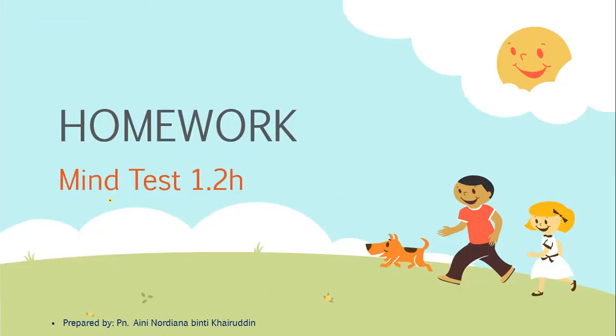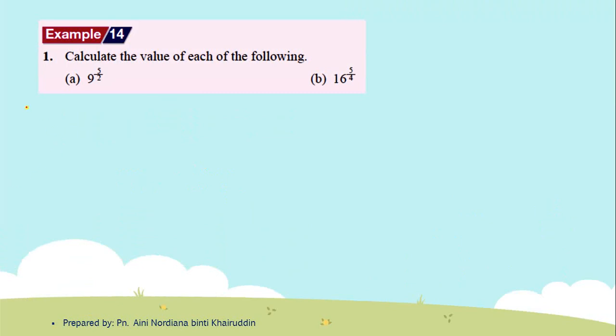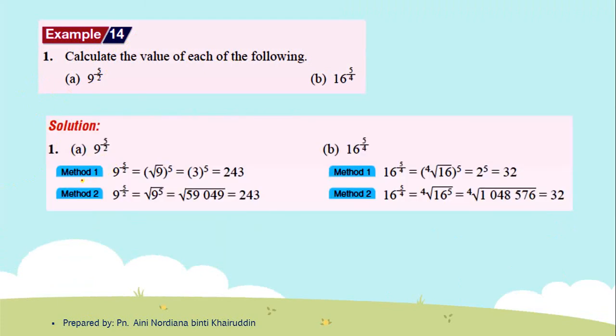So this is your homework, mind test 1.2H. So look at example 14. Calculate the value of each of the following. So you have two methods here. The first method, since this is square, this is 2, so this is N. You can write it like this: square root of 9 to the power of 5.